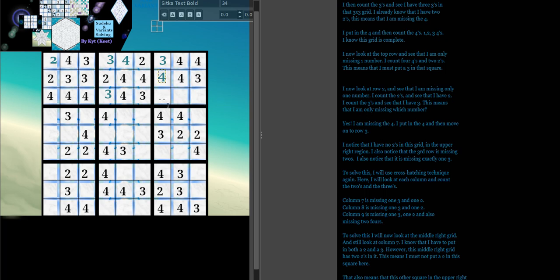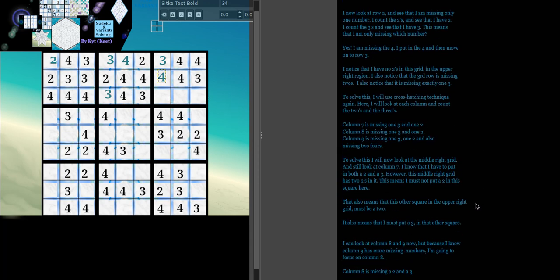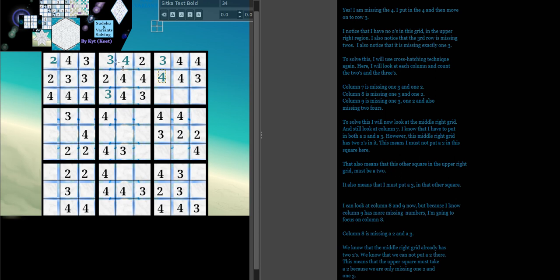I notice I have no 2s in this grid in the upper right region. I also notice that the third row is missing 2s. I also notice that it is missing exactly 1 3. To solve this, I will use cross-hatching technique again. Here I'll look at each column and count the 2s and the 3s.